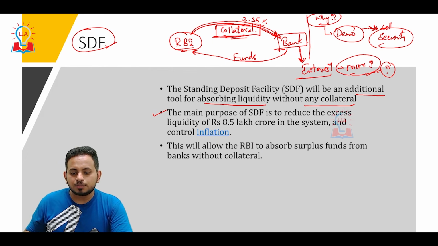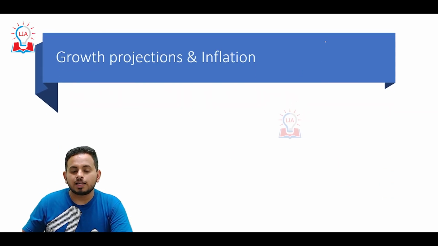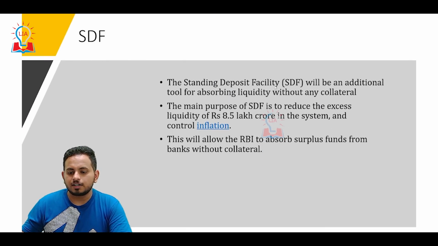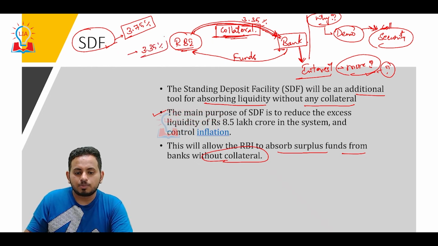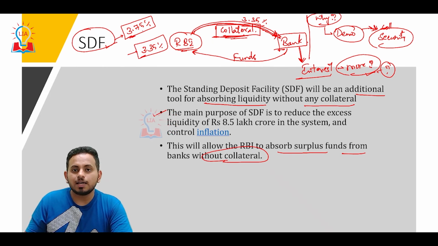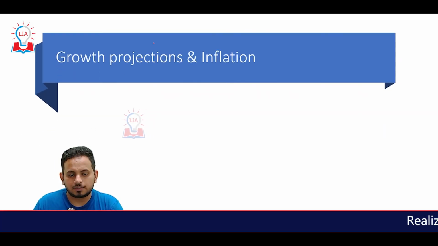Let's see. This will allow the RBI to absorb surplus funds from the banks without collateral. So the interest rate for the SDF would be 3.75%. For the reverse repo, the interest rate that we saw was 3.35%. For SDF, it would be 3.75%.